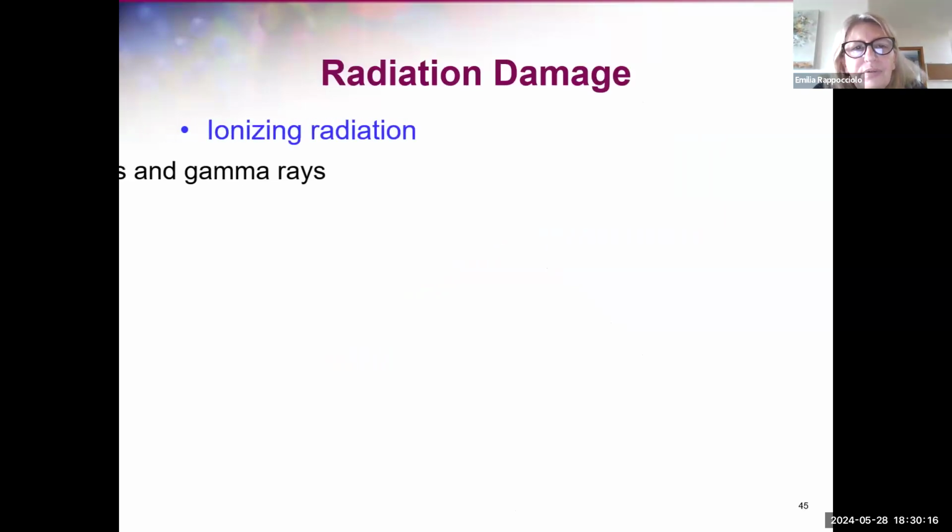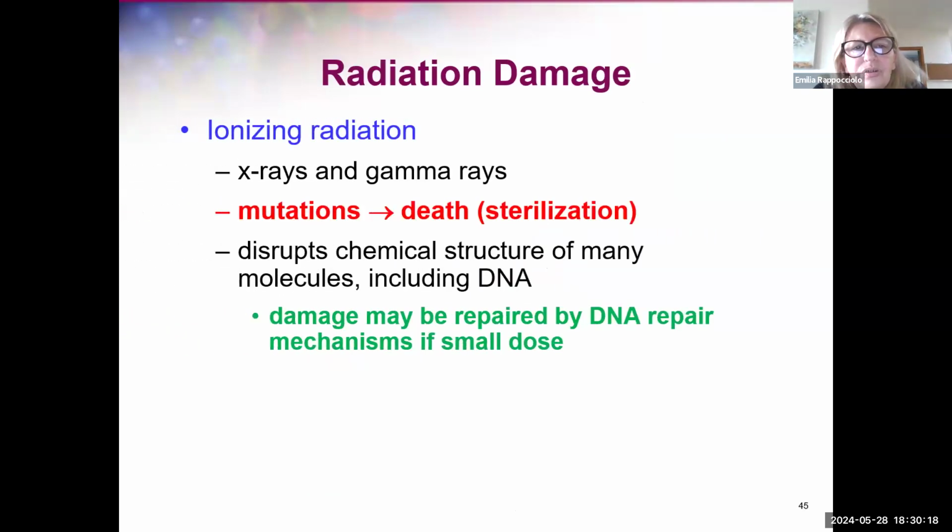So radiation damage: ionizing radiations, X-rays and gamma rays, are penetrating. They have very high energy, low wavelength, so they can penetrate a cell wall and the cell and cause damage directly to the DNA.